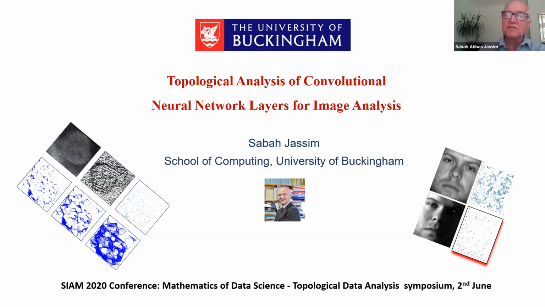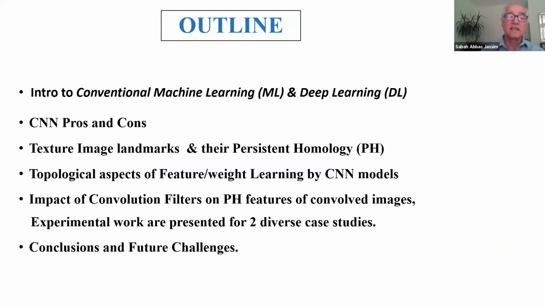So I'll be talking about basically the topological analysis of convolution layers for image analysis. What happens in these layers? I will introduce a bit on the conventional machine learning and deep learning and pros and cons of the CNN, known ones anyway, and the ones that we are interested in, and then texture image landmarks and their persistent homology.